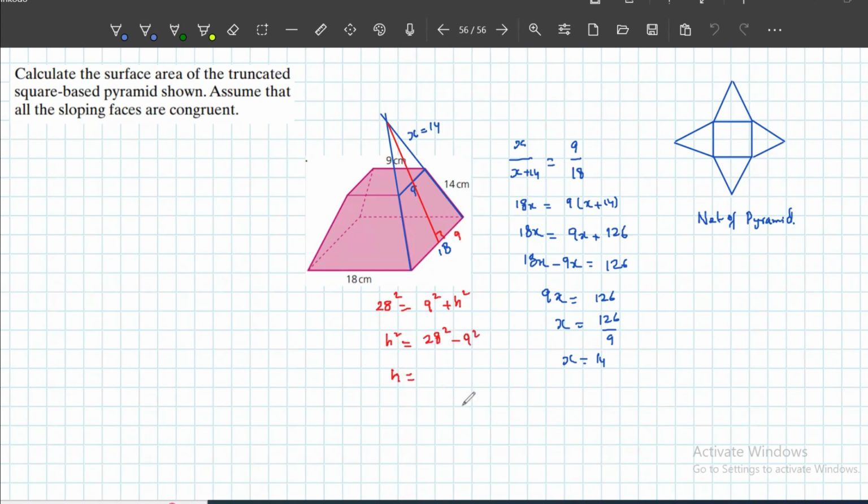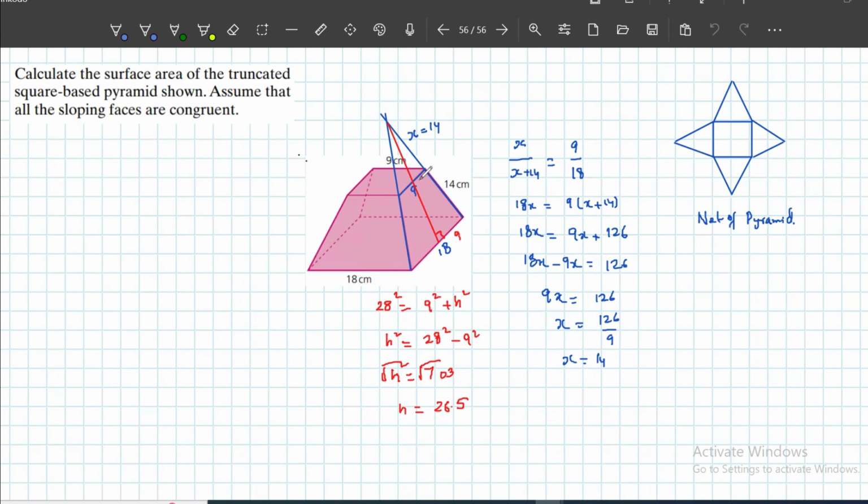This gives us, if we check in calculator, 28 square minus 9 square, that is equal to 703, which is h square, and by taking square root on both sides we get the square root of the answer, which is equal to 26.5.